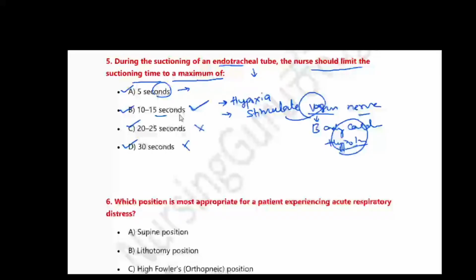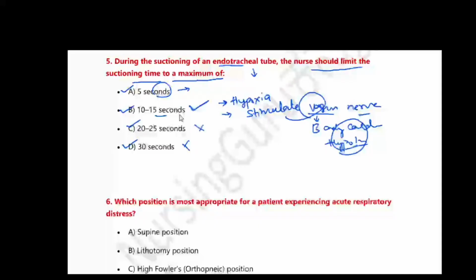Here the patient is made to sit at 60 to 90 degrees. The patient will be made to sit at 60 to 90 degrees, hence he can take breaths very easily. This position is also called orthopneic position, hence this option is the right answer.